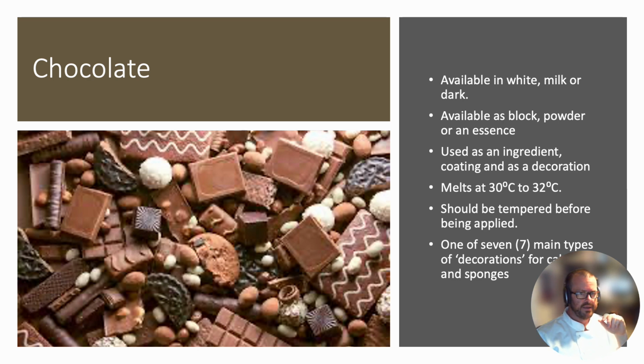You can get chocolate as a block, as callets, in powder form, or in essence form. If it's couverture, it needs to be tempered before being used. It melts at 30 to 32 degrees. It's used as an ingredient, coating, and as a decoration, and it's one of seven main types of decorations for cakes and sponges.